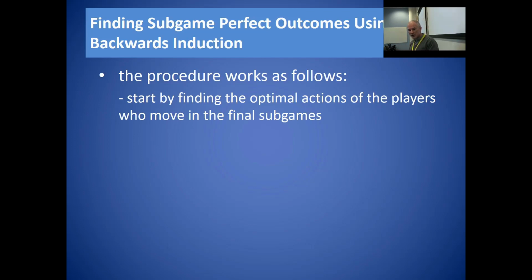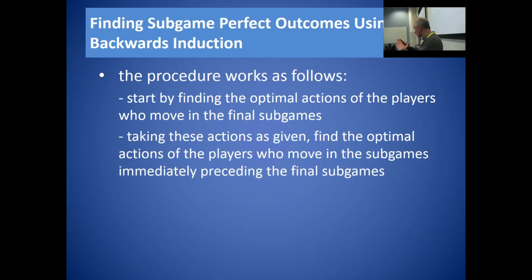And then, in those subgames, we look to identify the optimal strategies of those players in those subgames. And we take those optimal strategies as given. We say, okay, in these subgames, this is what those players are going to do. Right? We take those actions as given and move to the preceding round of subgames that are being played.